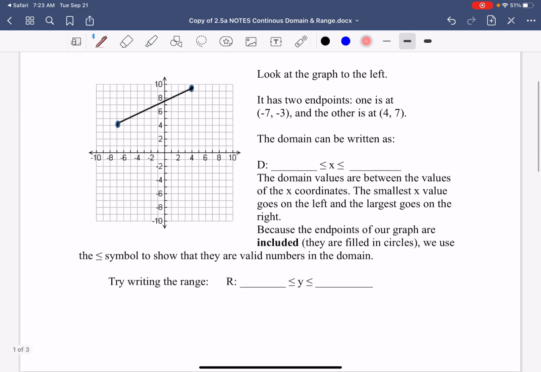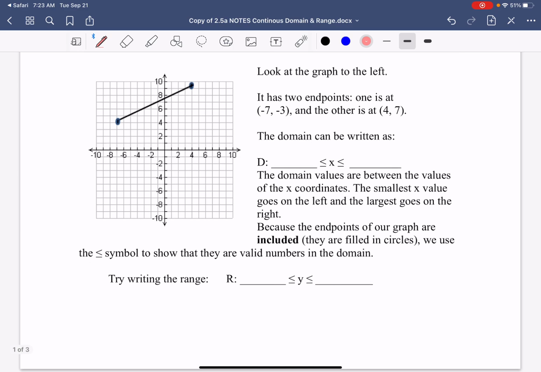All right, so let's look at the graph on the left. It has two endpoints. One is at -7, 4. I know it says that, so it's -7, 4. And then the other is at 4, 9. So again, little error right there.